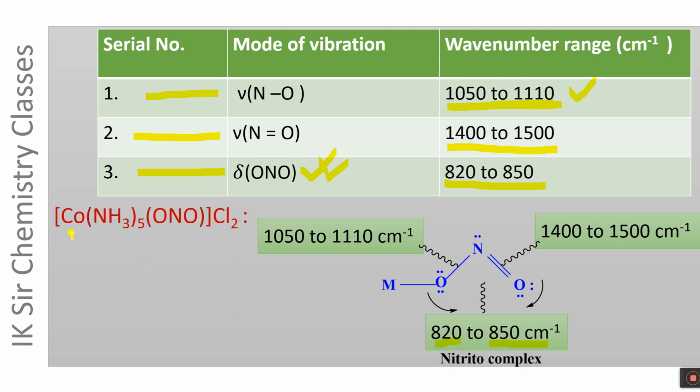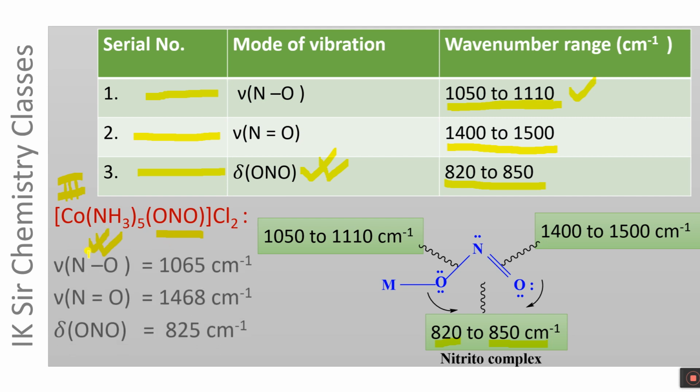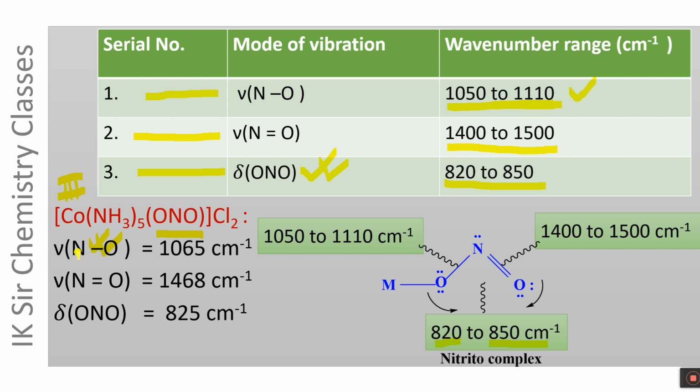This is a nitrito complex in which the NO2 minus ion is coordinated to the cobalt 3 plus ion through its oxygen atom. It exhibits three absorption bands in the IR spectrum. One is due to stretching of N single bond O at 1065 cm^-1, which falls in this range.